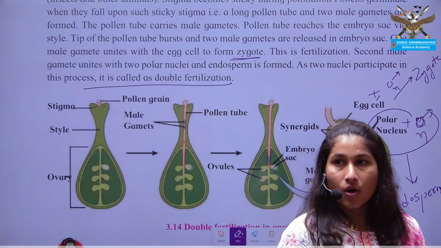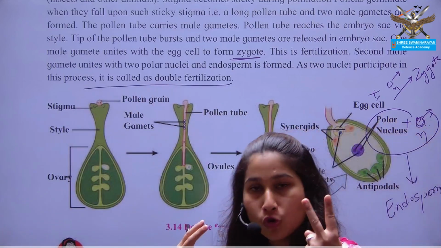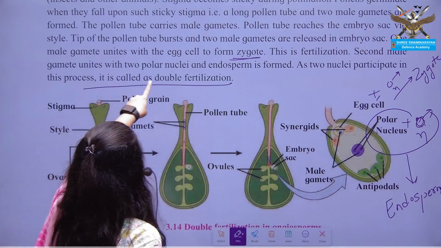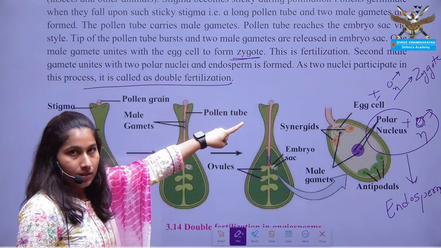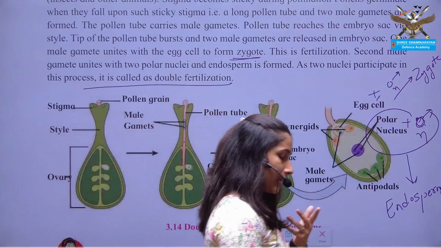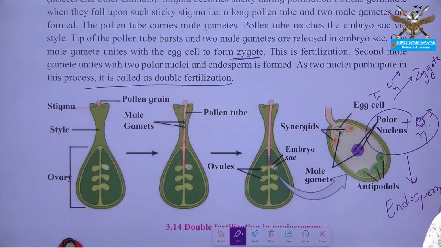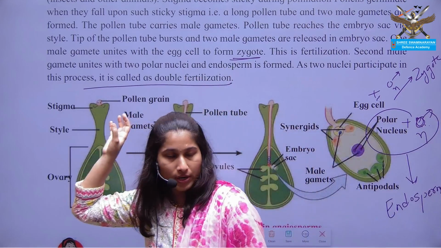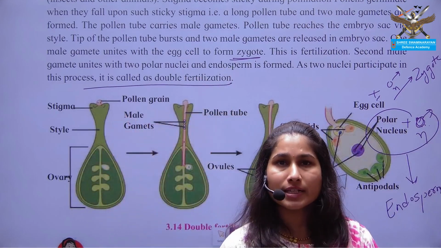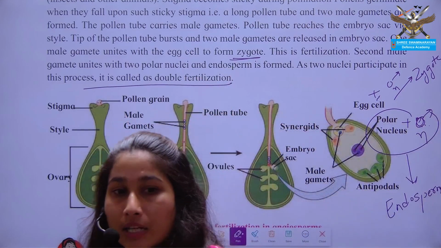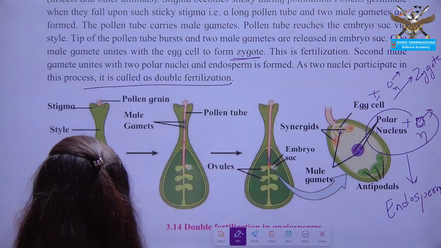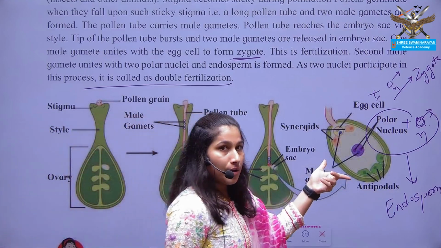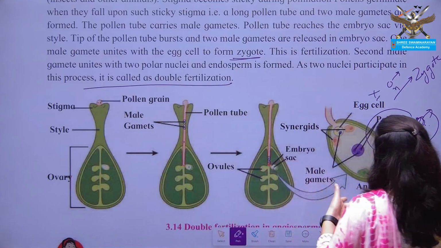Why? Because here there is fusion of two male gametes with two different entities of your carpel, or the ovary structure. Why do you call it double fertilization? Because in double fertilization, the two male nuclei individually fertilize two different structures of the female reproductive part, that is the ovary.